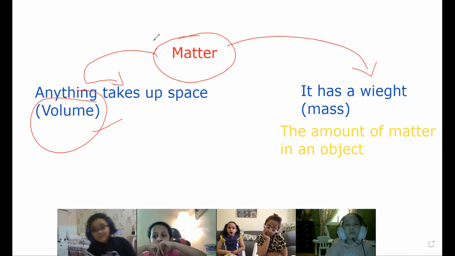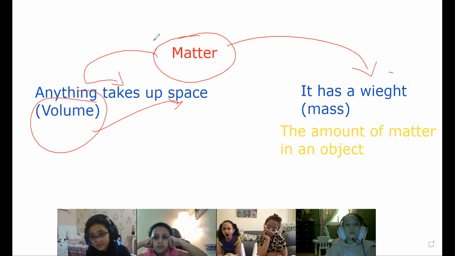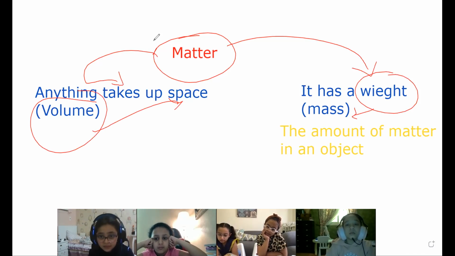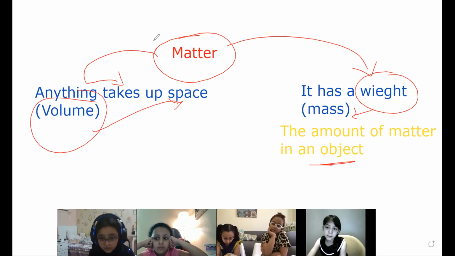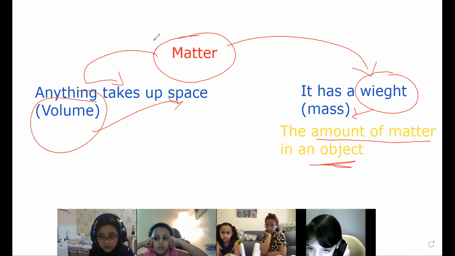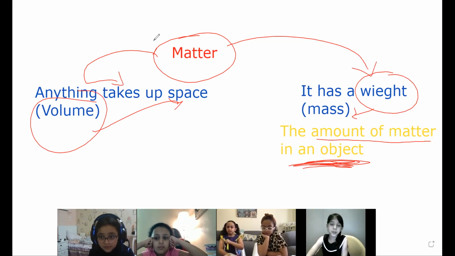So volume means space. What about the weight? Weight is the mass. What is mass? Mass is the amount of matter in an object. Excellent.